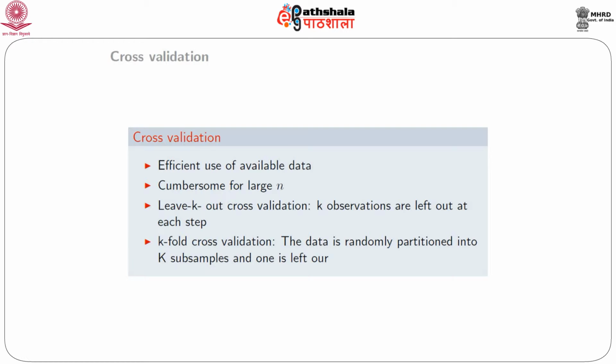So, a variant of cross validation is leave k out cross validation, where instead of 1, k observations are left out at each step. And there is another technique called k-fold cross validation, where the original sample is randomly partitioned into k subsamples and 1 is left out in each iteration, having a similarity with the idea of blocked bootstrap.